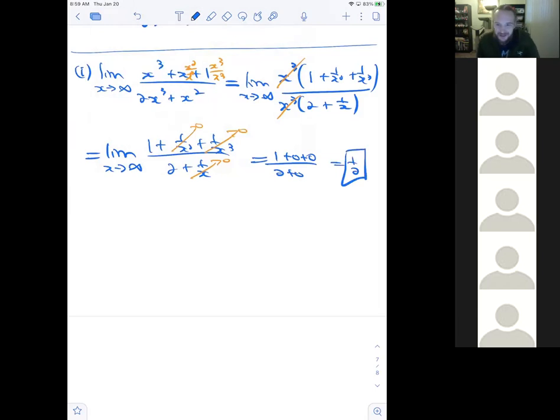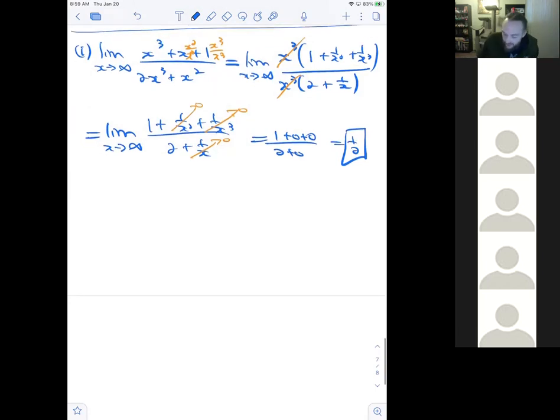If the degree of the top and the bottom are the same, this is an improper rational function, and therefore the limit will be the leading coefficient over leading coefficient, so 1 over 2. How do I do this for the new transcendental function?